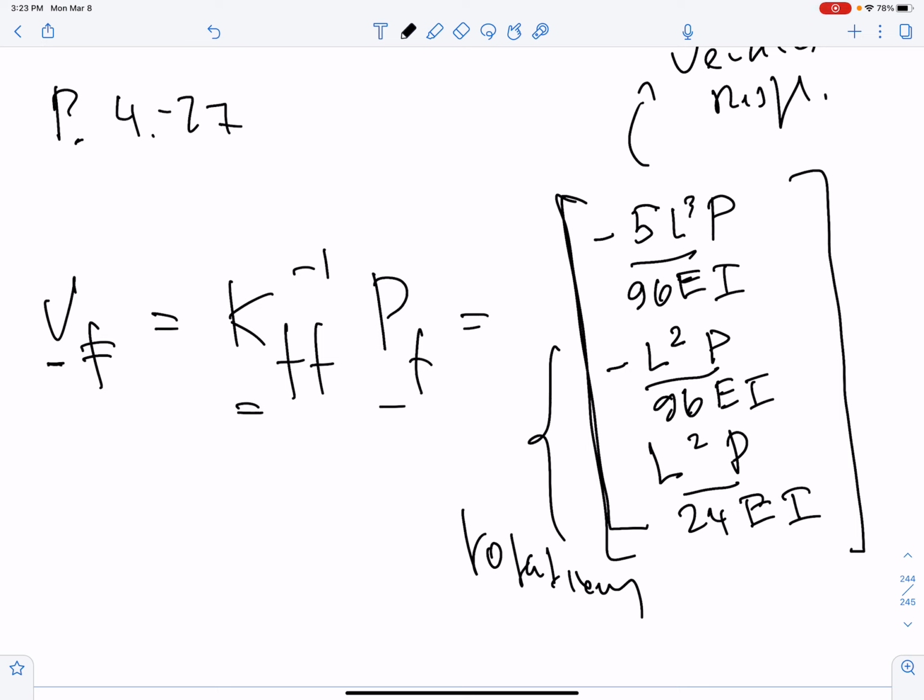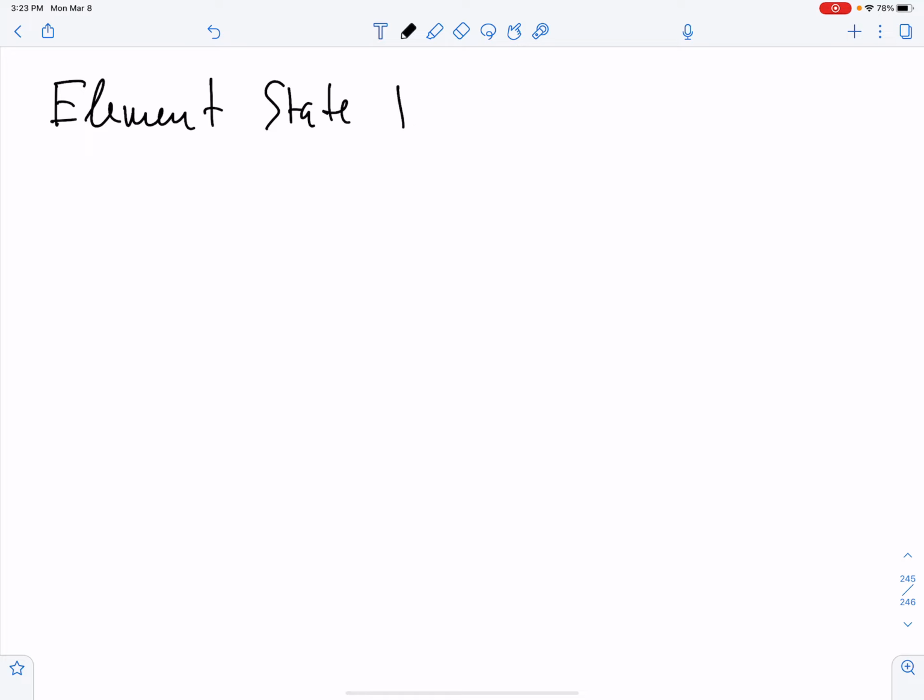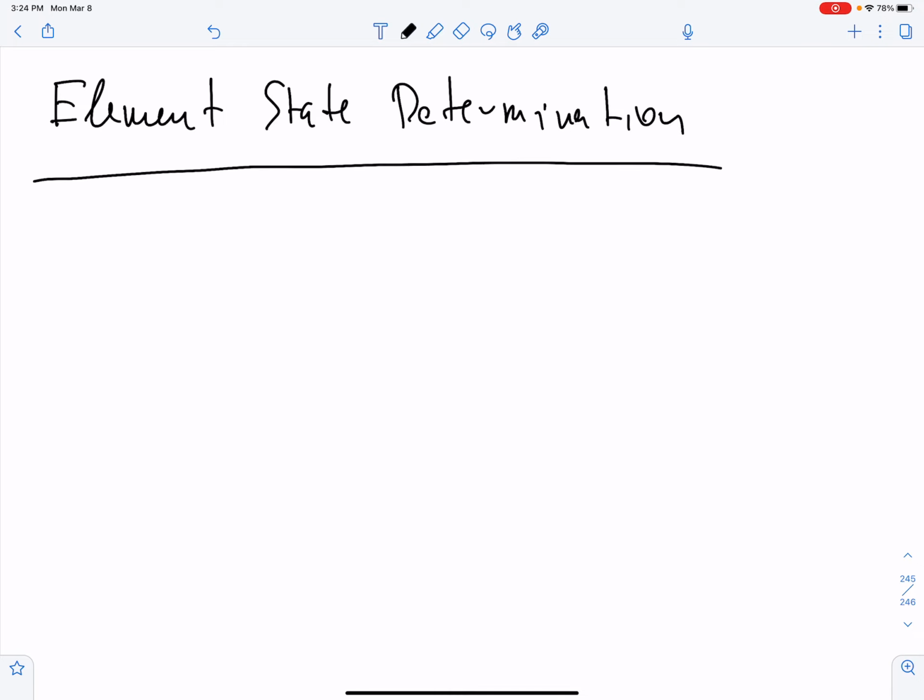All right. So next, what would the element state determination look like? Conceptually, everything stays the same. It's just you need to expand everything to include forces and moments, and then displacements and rotations. So we'll go element by element.